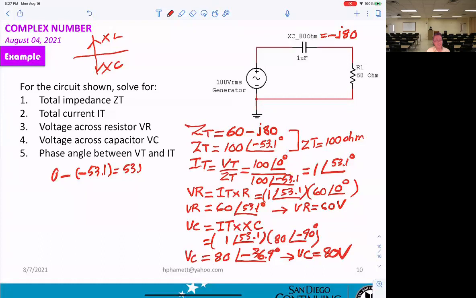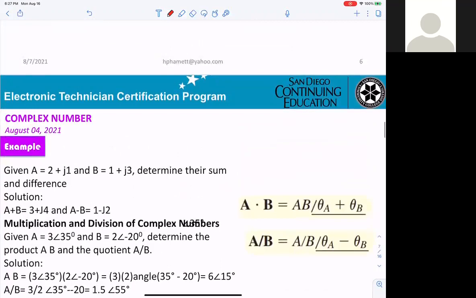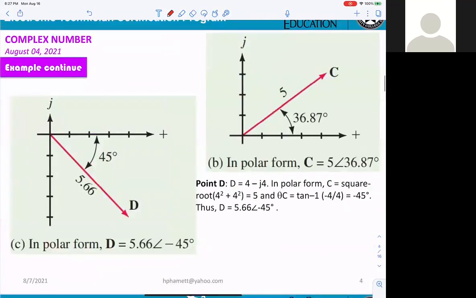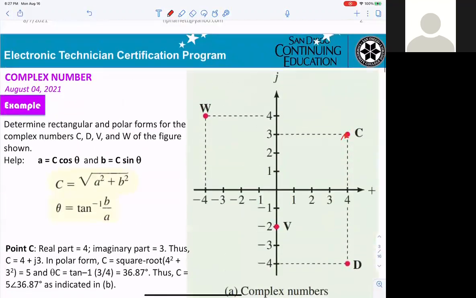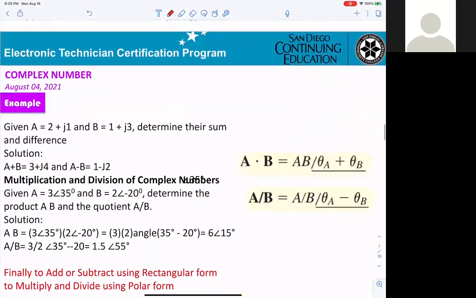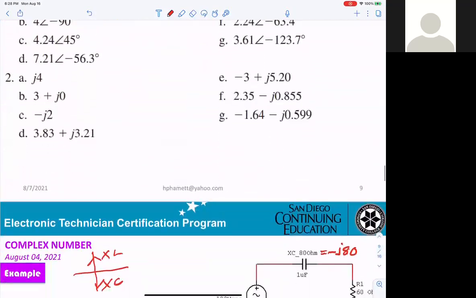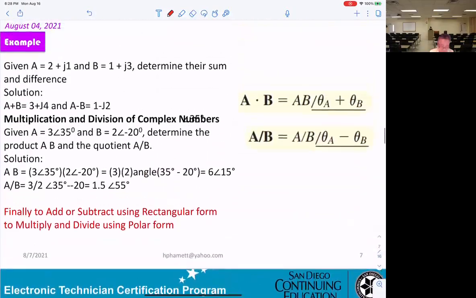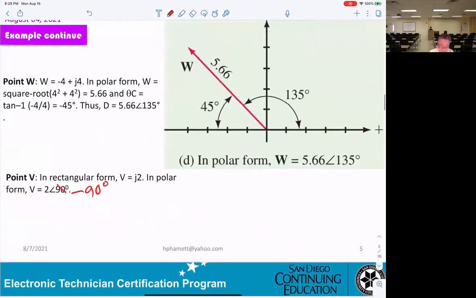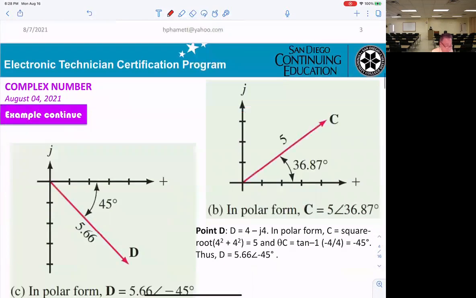No, that 80 volts is telling you the magnitude. Oh, I got it. Magnitude it is. Okay, got it. Thank you. That's what we were already telling you. That's the magnitude here.